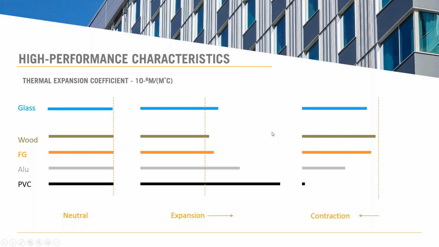So here you can see. And then likewise, on the coldest day of the year, everything will contract. In the case of aluminum and PVC, you have 3 to 6 times more expansion and contraction than your glazing unit. And why this matters, why do we care, is because your window is a system that has to maintain its performance over the lifetime.